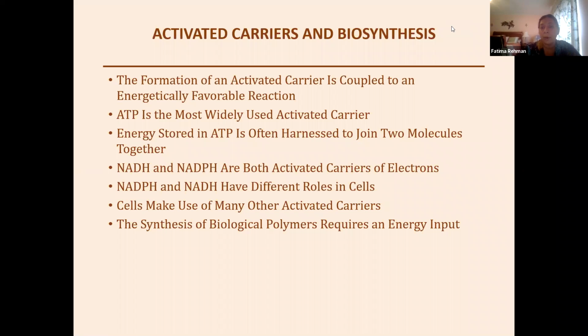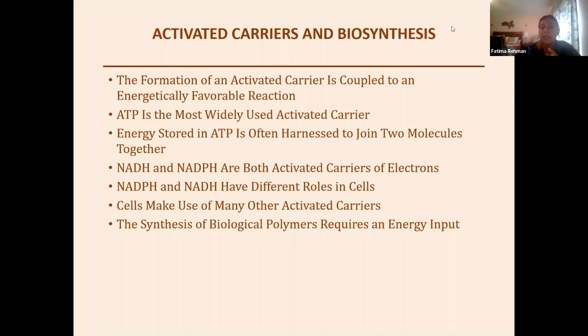Those two are both carriers of electrons and are used to fuel oxidation and reduction reactions, not phosphate transfers. NADPH and NADH have very different roles in the cells, and we'll talk more about them in the next chapter. Cells also make use of many other types of activated carriers, including acetyl CoA and other molecules.